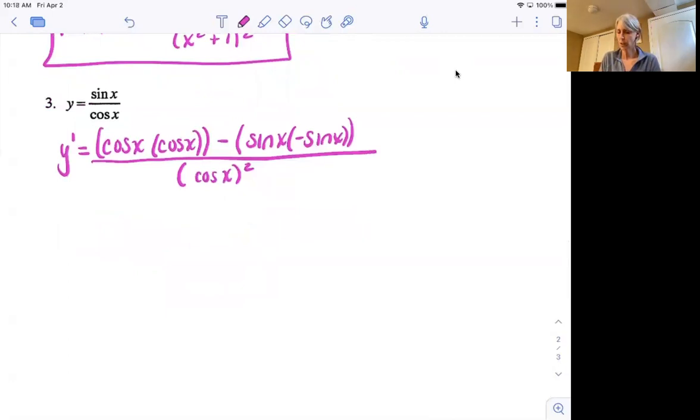Cosine x times cosine x is simply, right, this is cosine x squared, which we write as cosine squared x. Minus a minus.